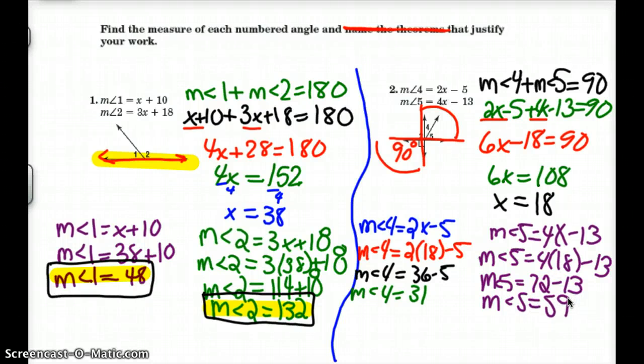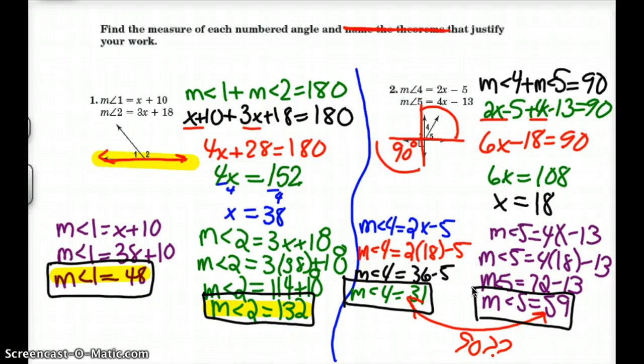Okay, and my double checker would be, those two are supposed to add up to 90. Do those add up to 90? They do, so I do have the correct answer here. So I'm going to box my answers in, communicating what my final answer is.